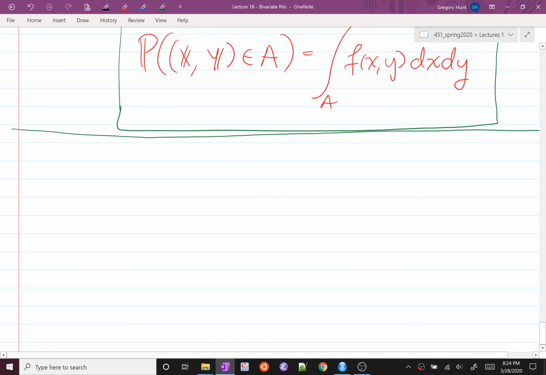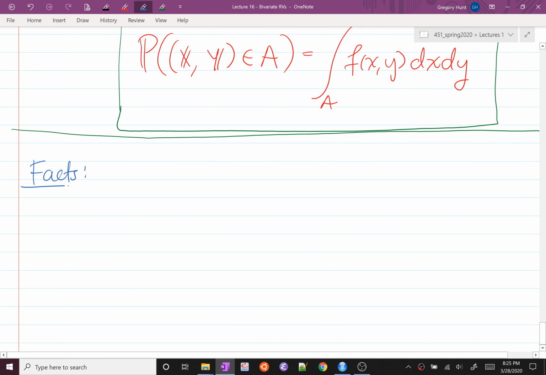So some facts about this that hopefully won't be too surprising. They're really analogous to the univariate case. Facts about this. My joint CDF, F of x comma y, we define as the probability that X is less than or equal to x and Y is less than or equal to y.